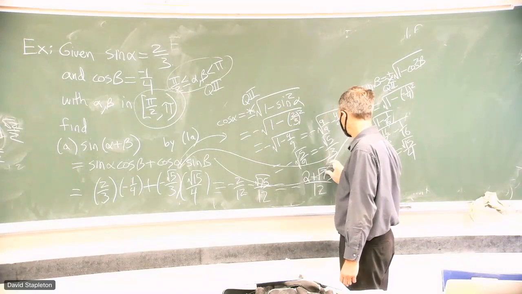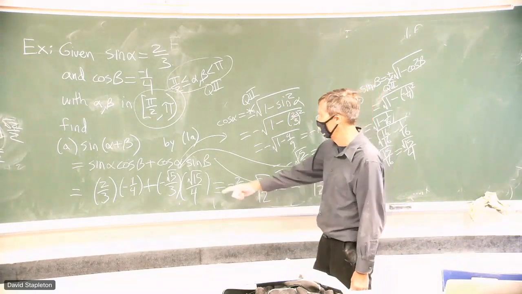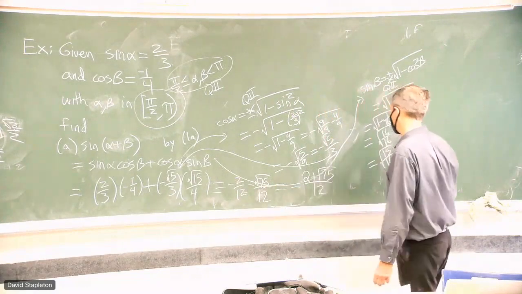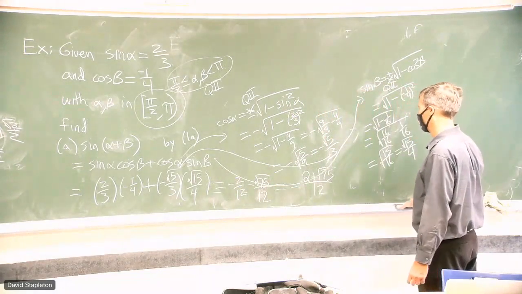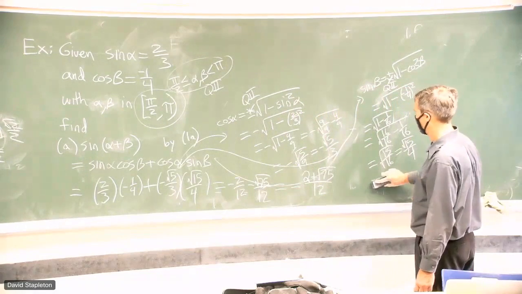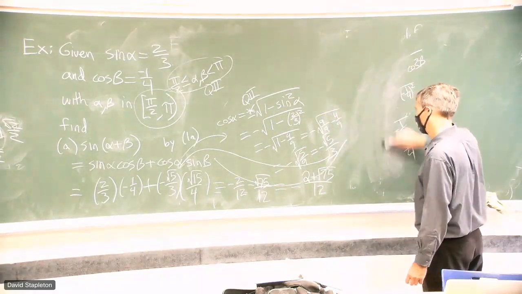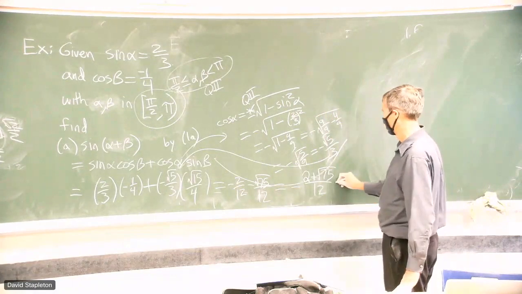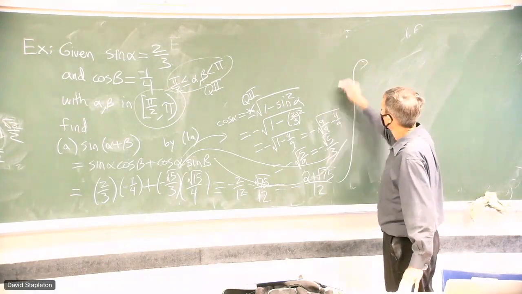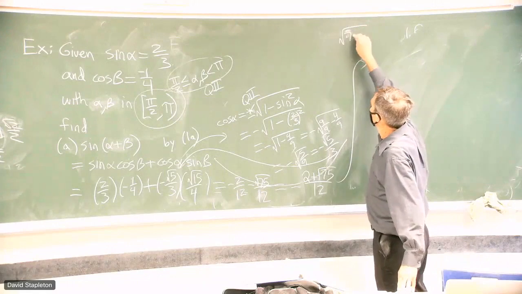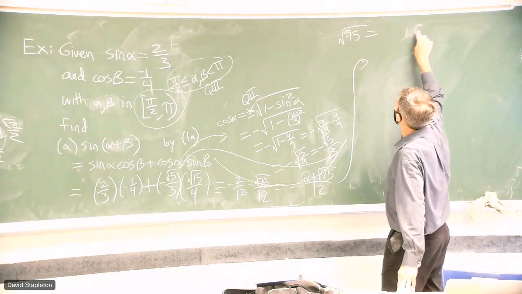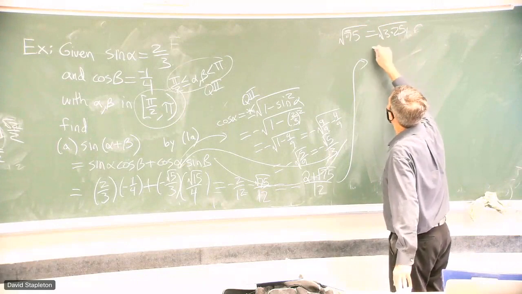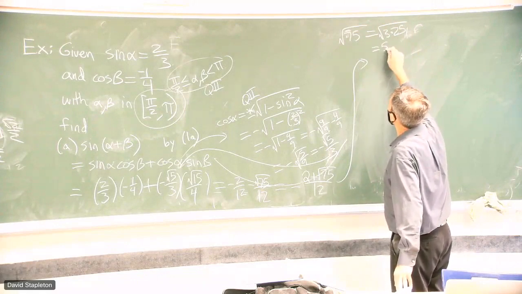Now that's the correct answer, but there's still a point off. If you leave it here, there's a couple points off. If you reduce it to here, there's still a point off, right? Why is there still a point off? Square root of 75, I noticed, can be rewritten as the square root of 3 times 25, which is 5 square root of 3.